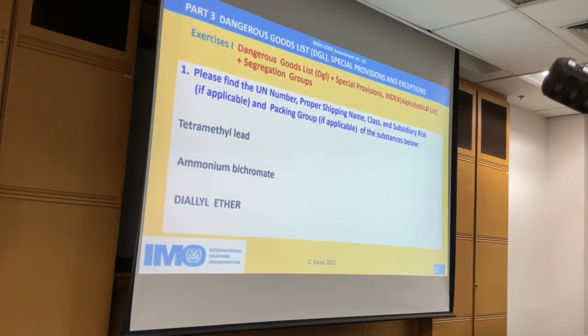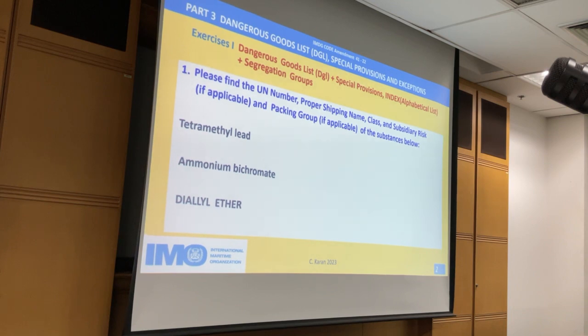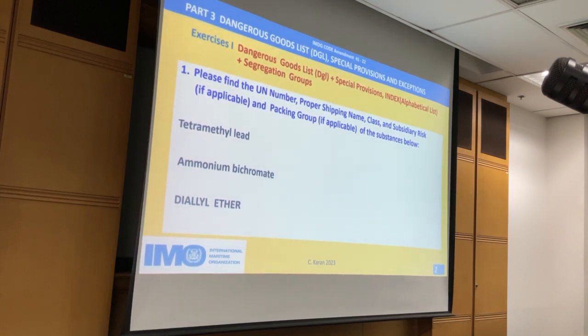Small lettered names are also accepted, but in the dangerous goods list the capital letter is preferred and given like that. They don't decline when you write in small letters, but capital letters is how it is given in the dangerous goods list.